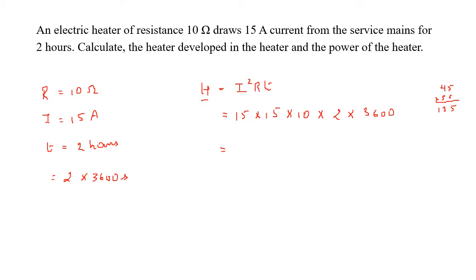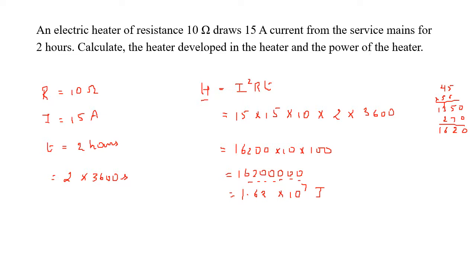Multiplying out, we get 162,000,000, or 1.62 into 10 raised to 7 joule. It is the heat produced.